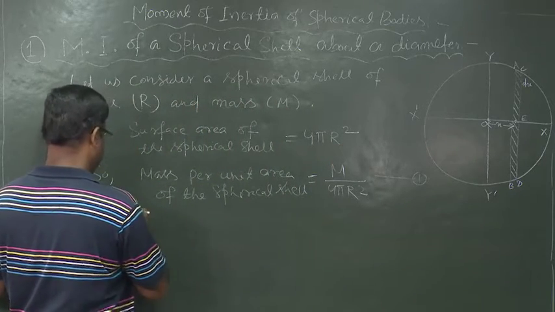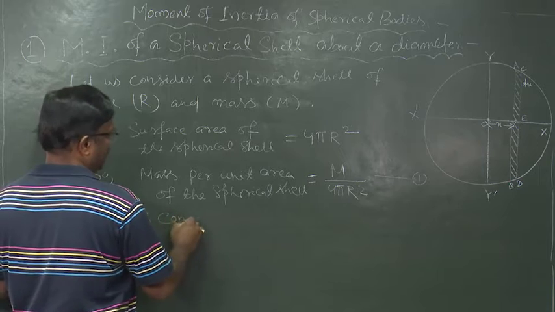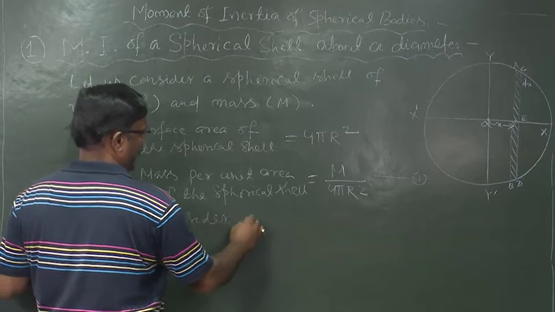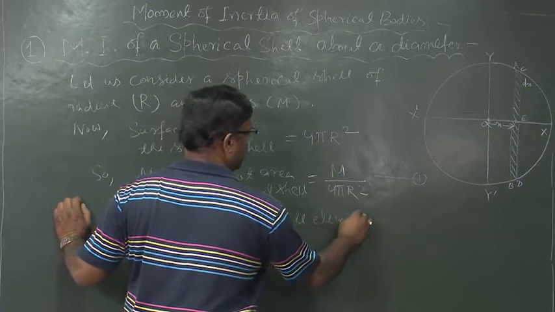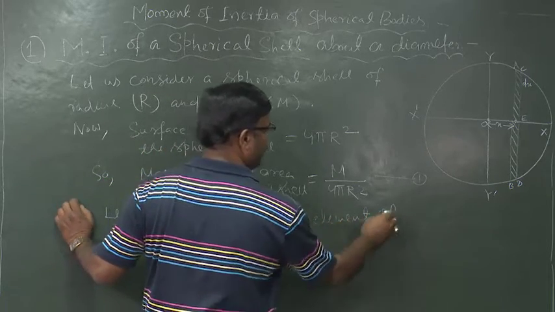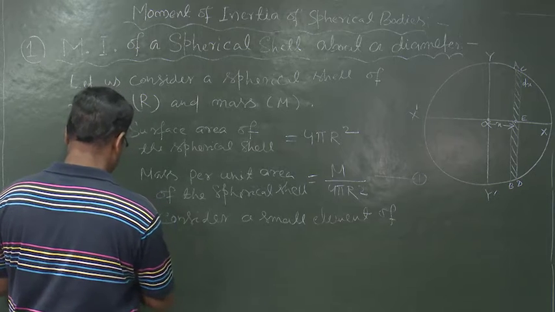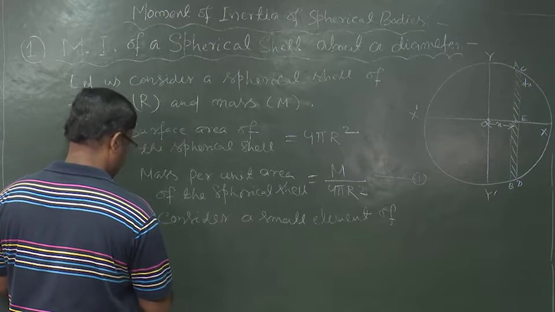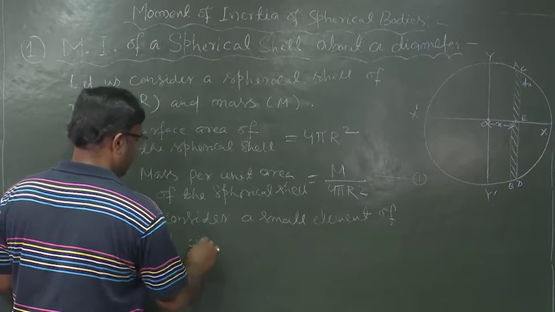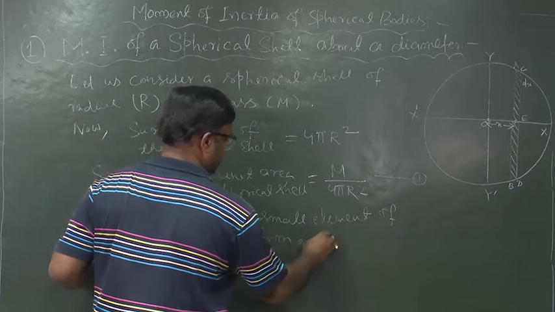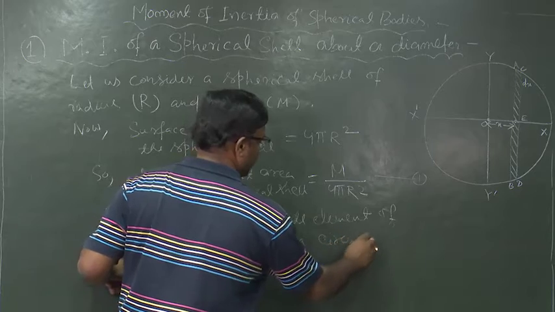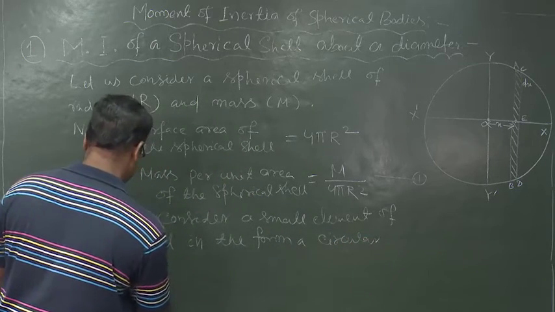Let us consider a small element of the shell in the form of a circular ring.